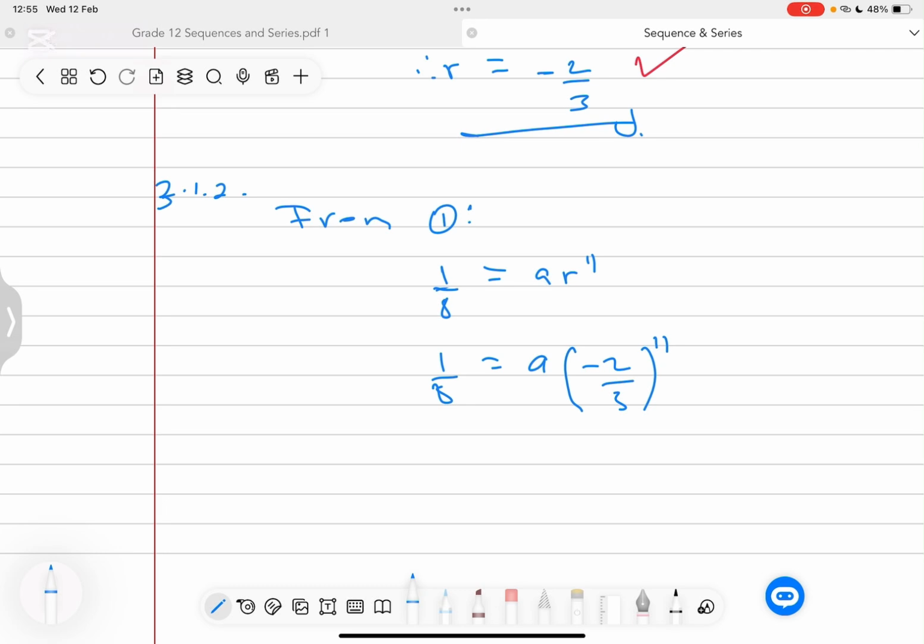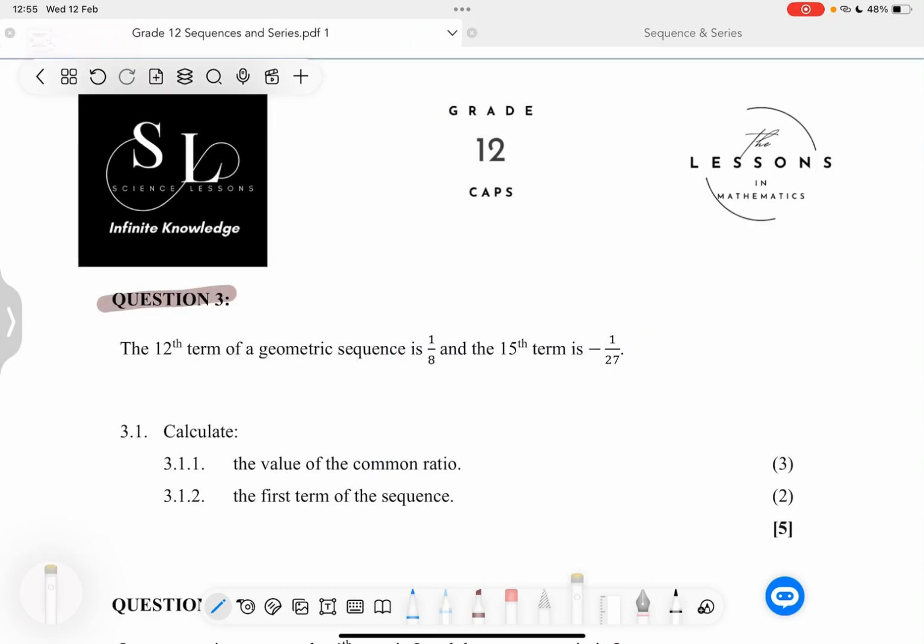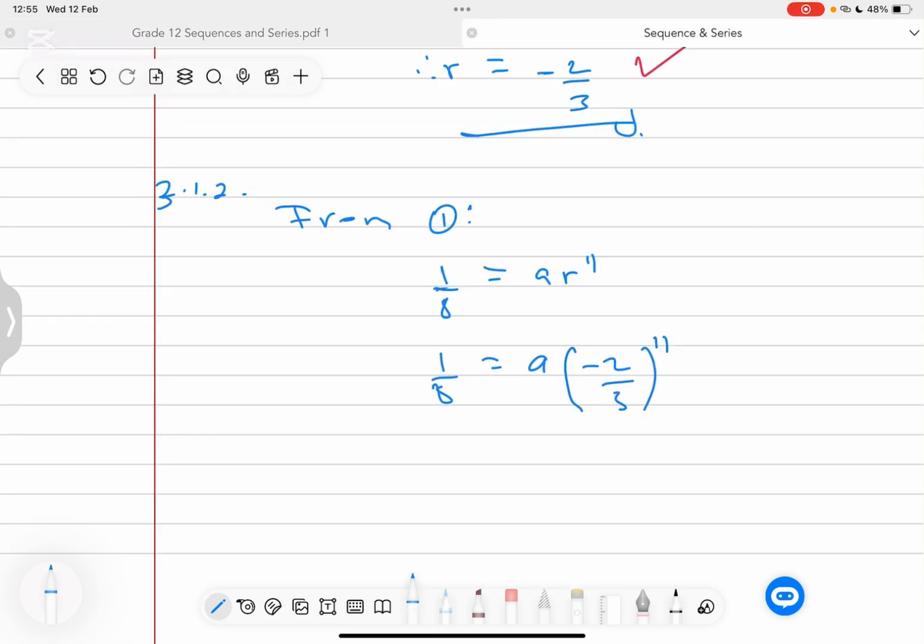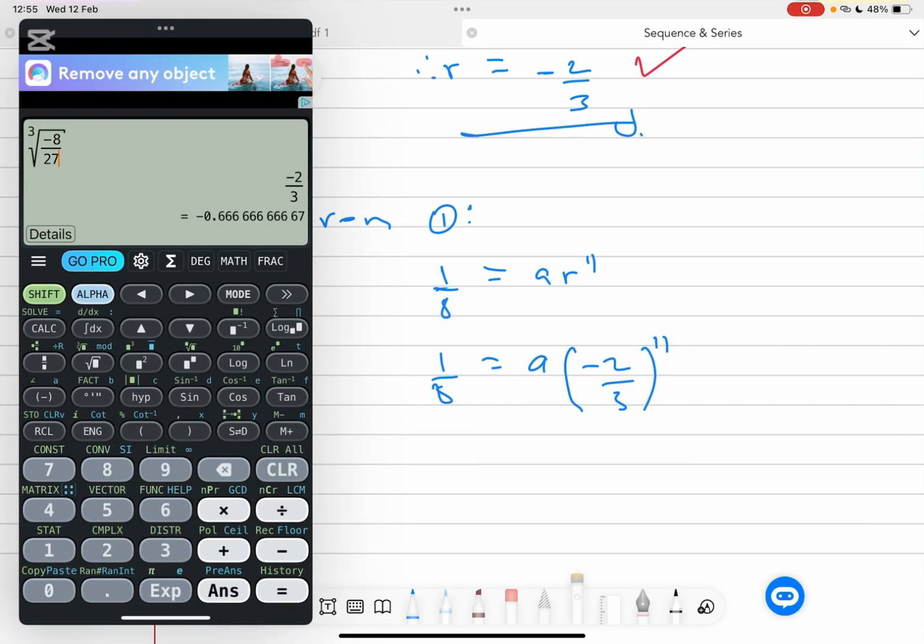Now, this thing is only for like 2 marks. I'll say depend on your calculator to solve such a problem. Don't waste time trying to figure out this and all that. What you can do here is divide by this number, the negative 2 over 3 to the power 11, so that it cancels. And this side also divide by negative 2 over 3 to the power 11, and punch the whole thing in a calculator.